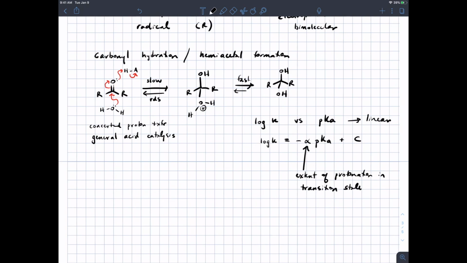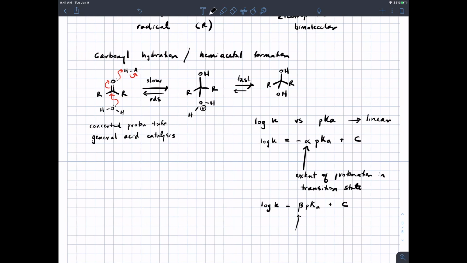And you can do a similar study with different nucleophiles, where you plot the log K versus beta times pKa of the conjugate acid relative to your nucleophile.